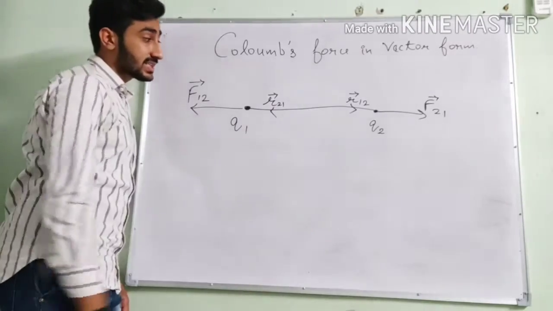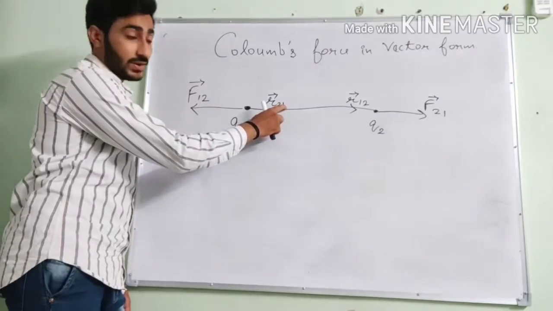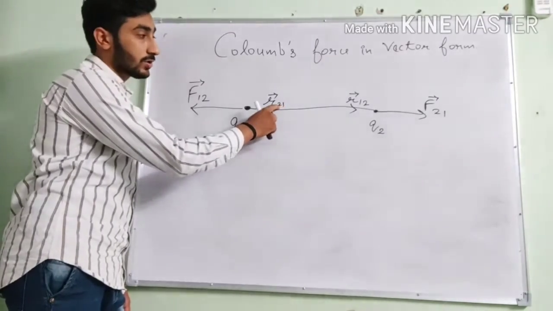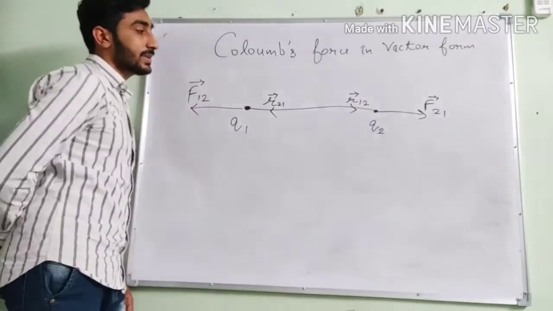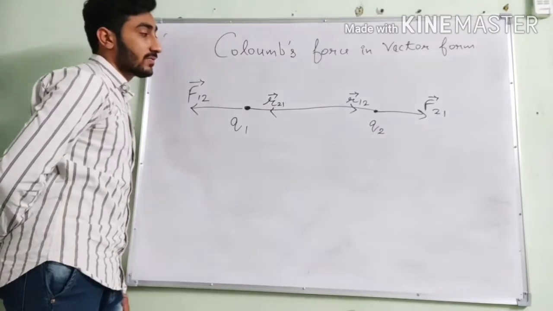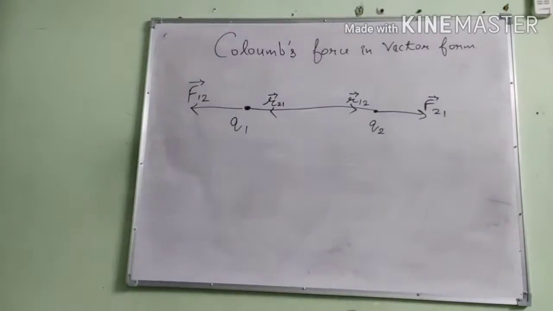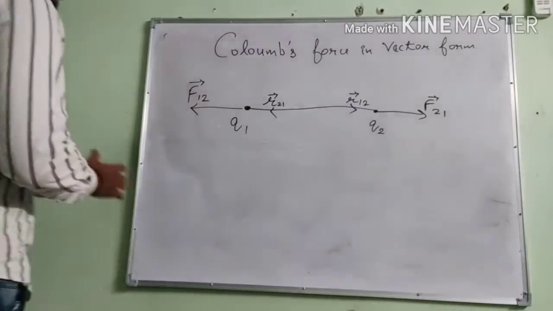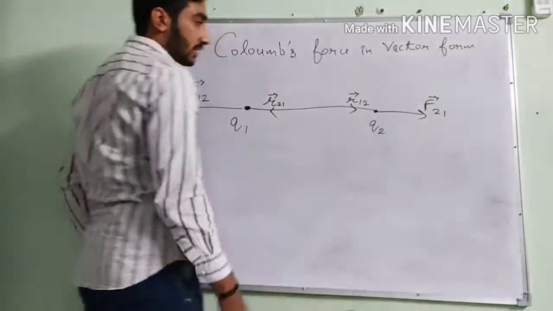R21 means the position vector from 1 towards 2, and R12 means 2 towards 1. Just note this diagram. Now we are determining these forces, this one and this one.